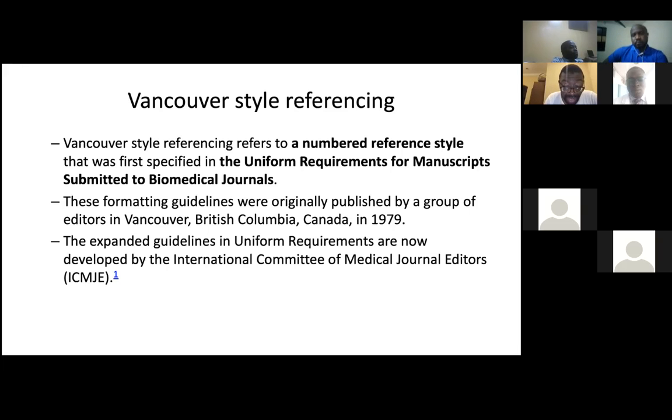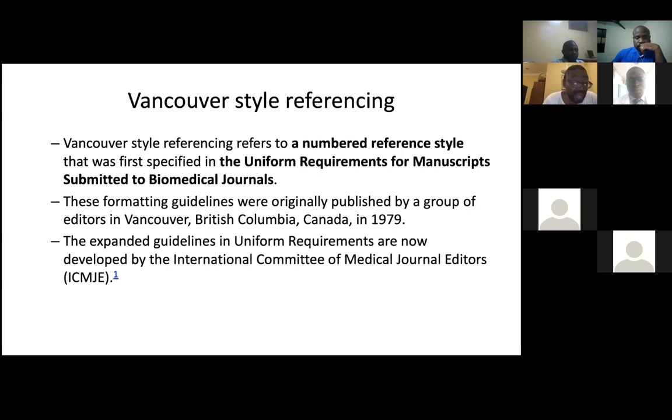And here's a point to note. The Vancouver style referencing has different variants. So it depends on which particular variant you want to use. But basically, it refers to a numbered reference style that was first specified in the uniform requirements for manuscripts submitted to biomedical journals.